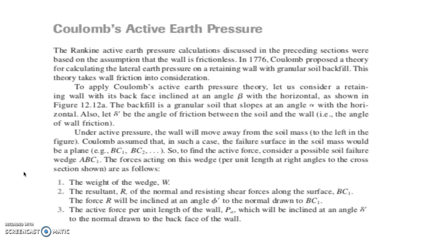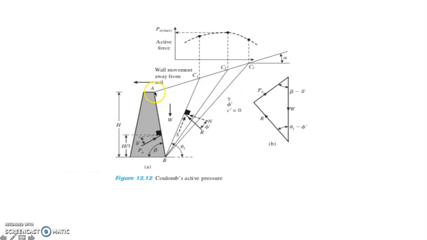For Coulomb, we assume that the failure surface in the soil mass would be a plane. For example, you have here BC sub 1 and BC sub 2. This is the failure surface as assumed by Coulomb.